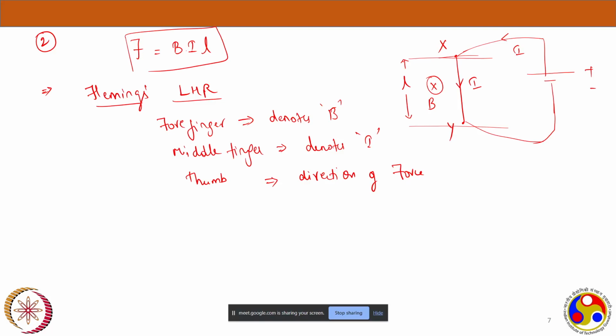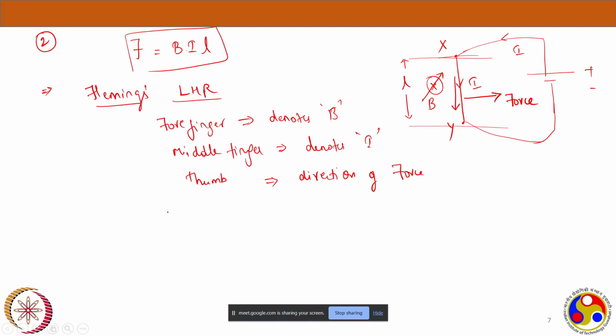So my conductor will experience a force which will move the conductor from left to right. This will be the direction of force. Now this is into the paper, this is the downward current, and this is the force direction.